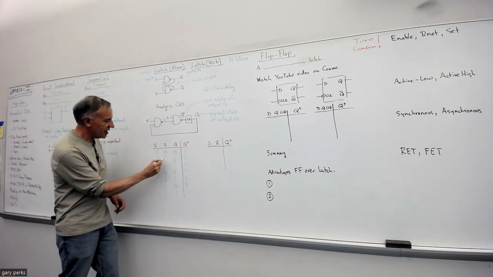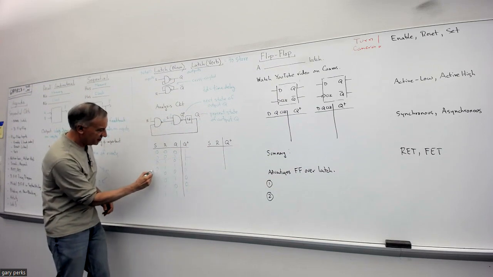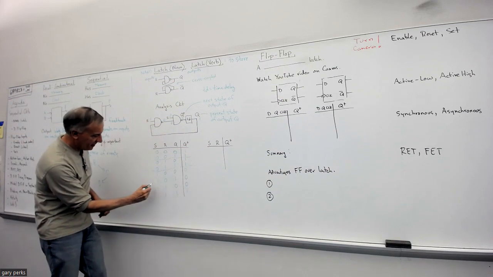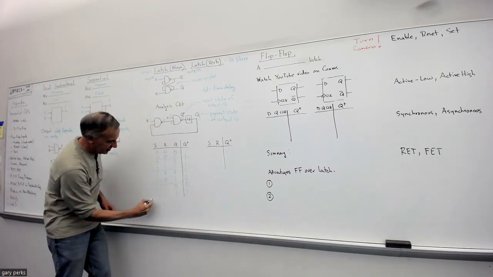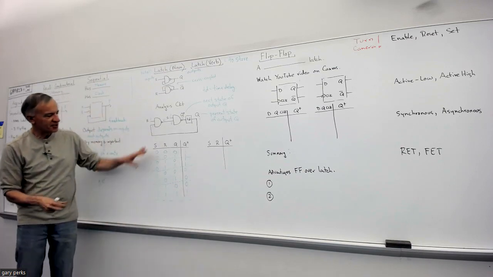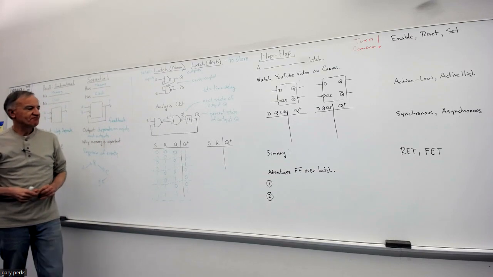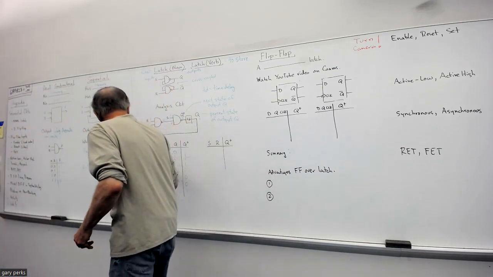So I'm going to take these top 2 rows and these next 2 rows, and then these next 2 rows, and the last 2 rows. So we're partitioning this into 4. All right, now I'm going to start with these 2 rows.